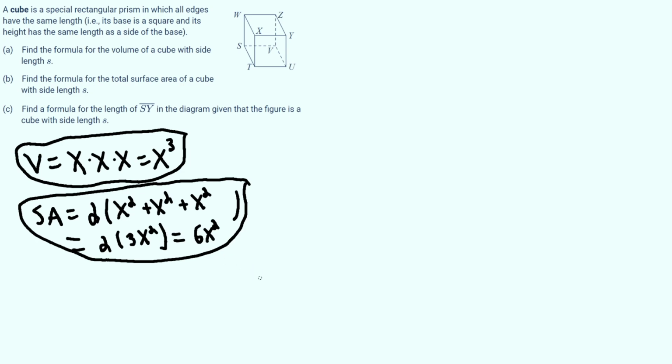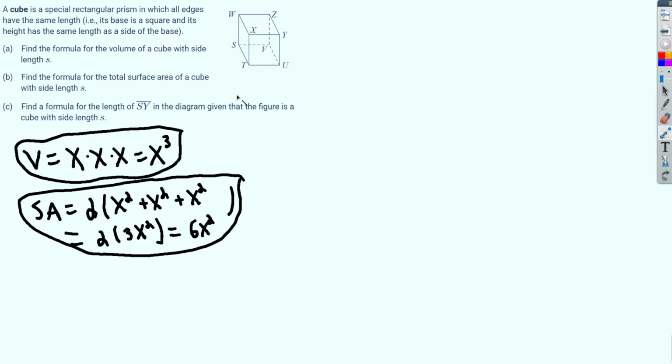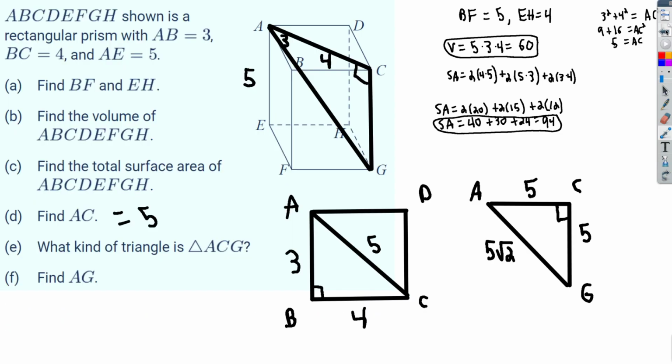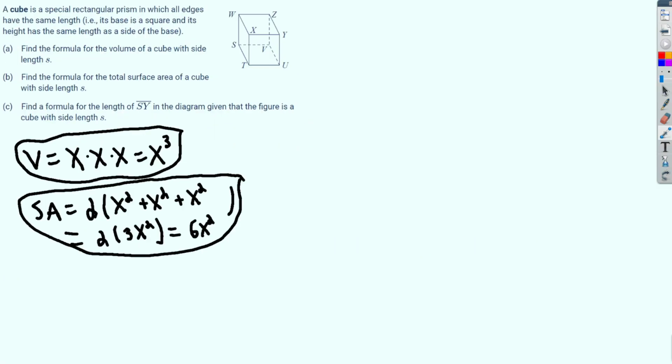Now, find the formula for the length of SY in the diagram. So, if we repeat the process that we did in the last problem where we found AG, we can do something similar.